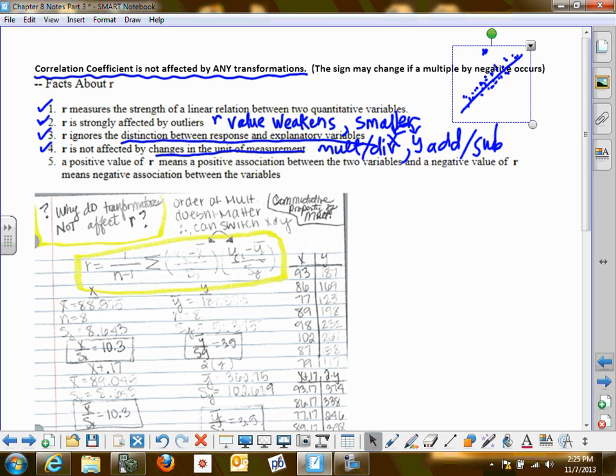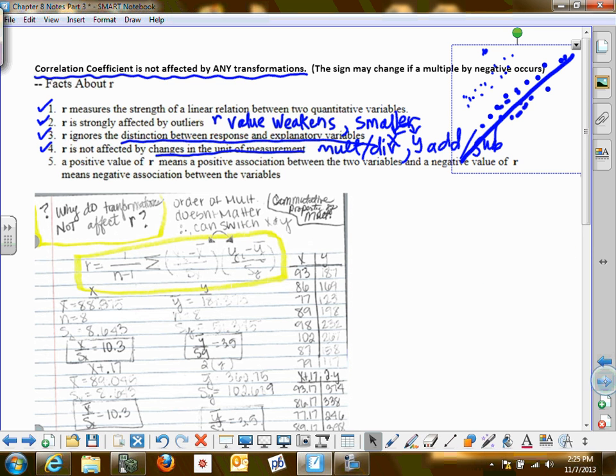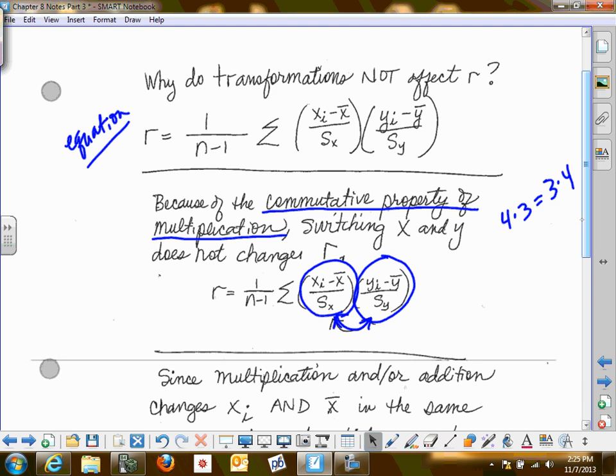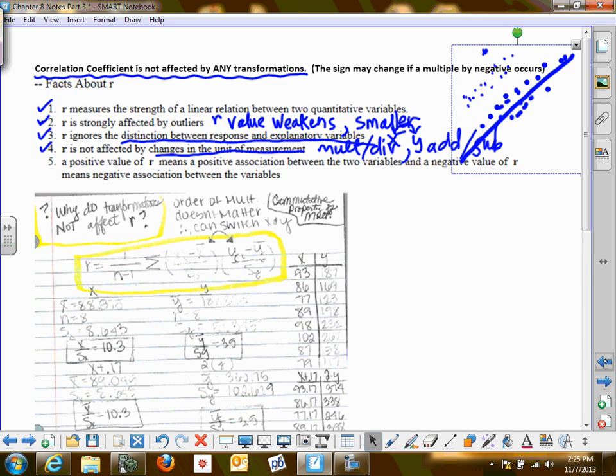Furthermore, this thing right here, whenever I multiply it, it is also still proportionately related to the line. And since this formula is built off of this proportion relationship here, it doesn't change. So, in summary, transformations do not affect your correlation.